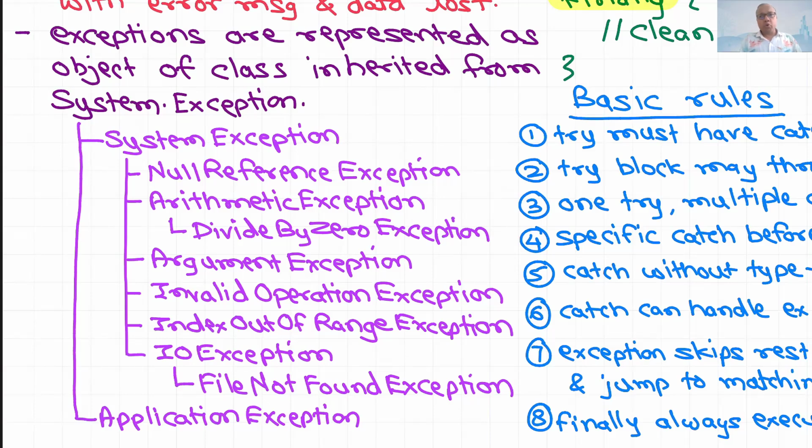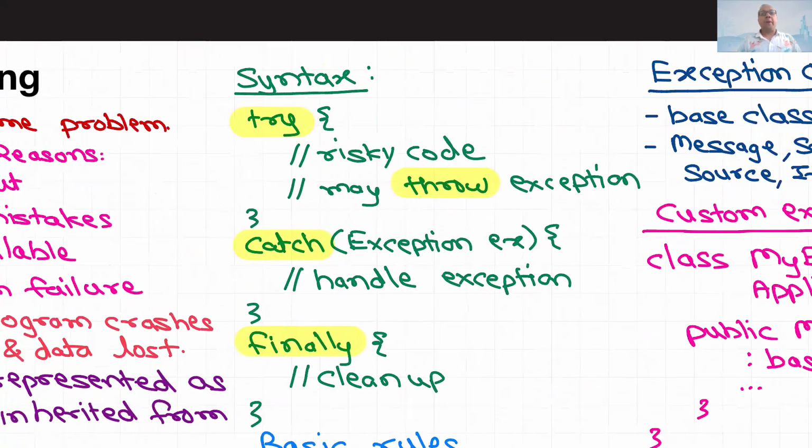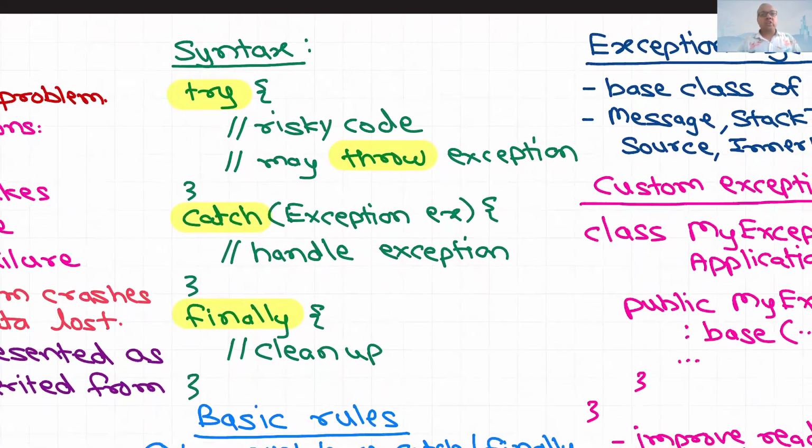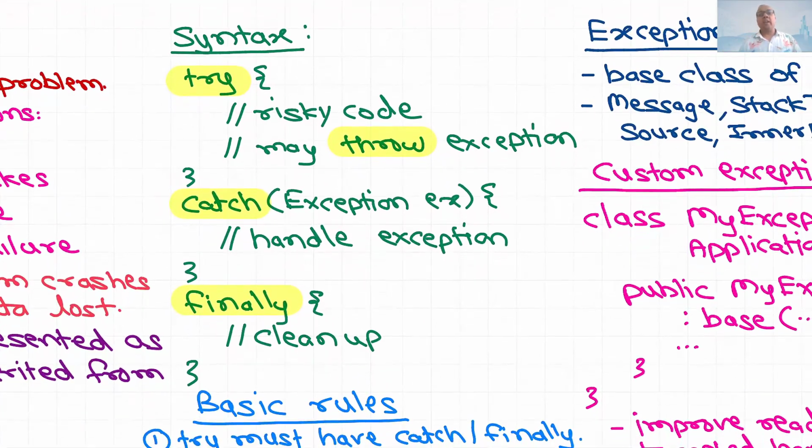Let me quickly show you the syntax and then we will look into the practical. The basic syntax of exception handling looks like this. If we are writing some code which we believe may fail at runtime, some risky code, then we should put it into the try block.